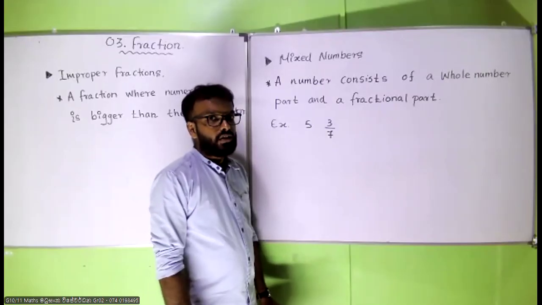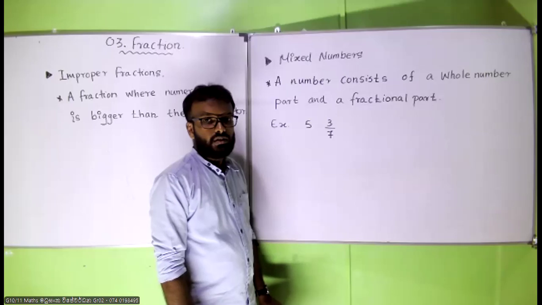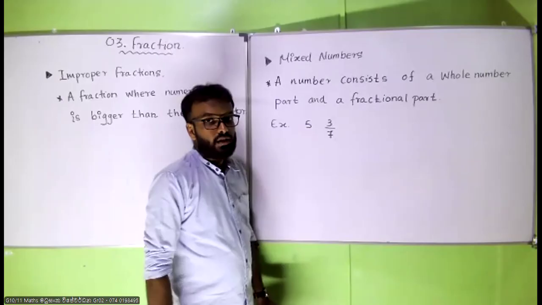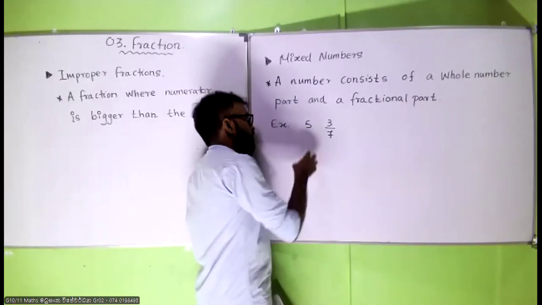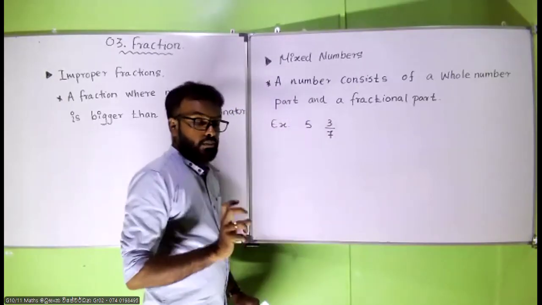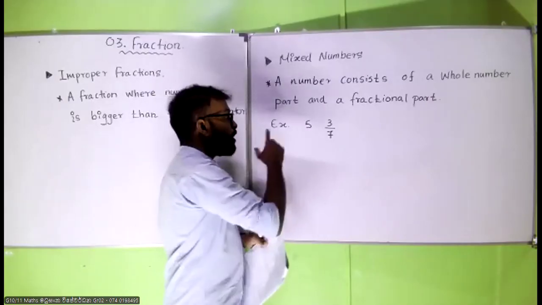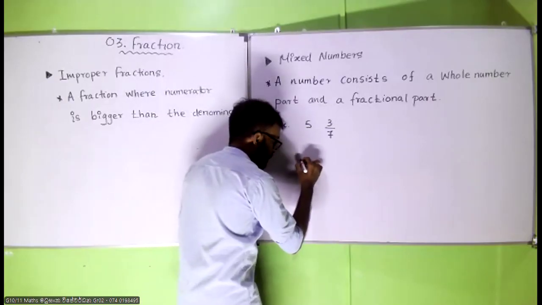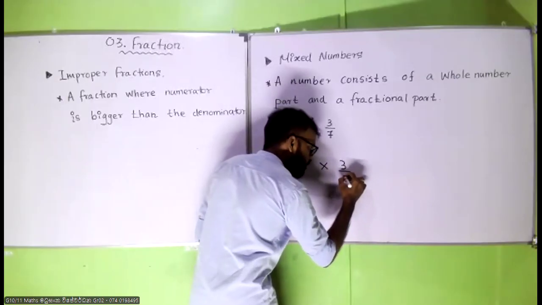But this is not 3/7 times 5. We cannot say 5 times. 5 times 3/7, now you can write it like this.